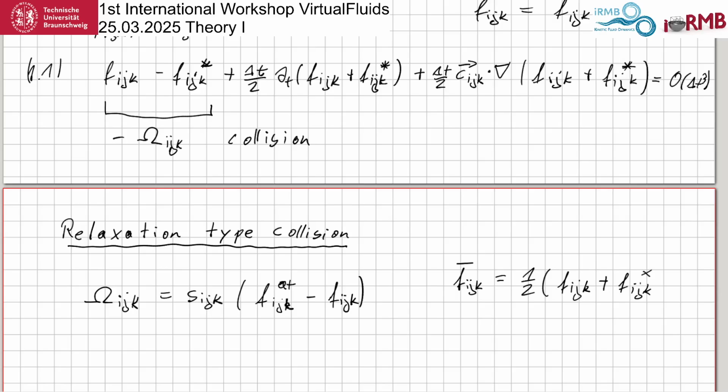I have consistency on this, or the VirtualFluids group has consistency on this in our publications. Unfortunately, there are other groups that use the overbar for the pre-collision state and the non-overbar for the average. I'm sorry for this.